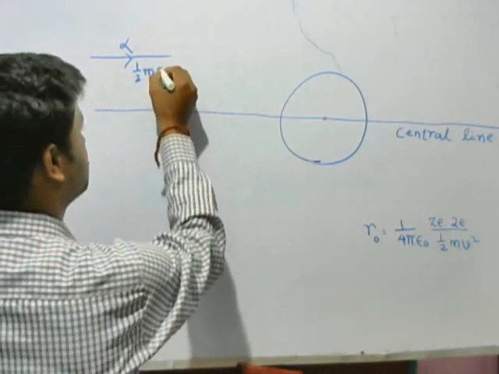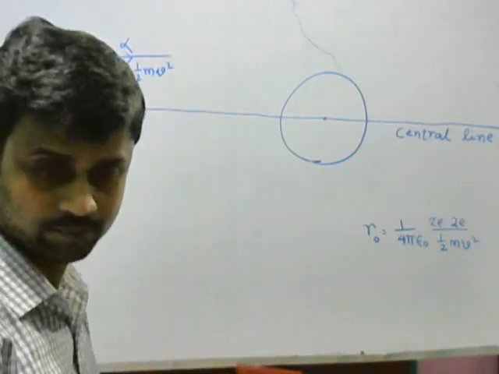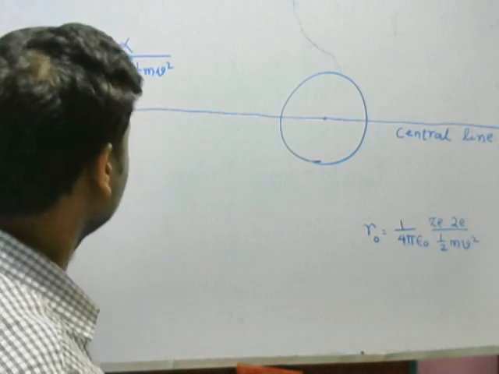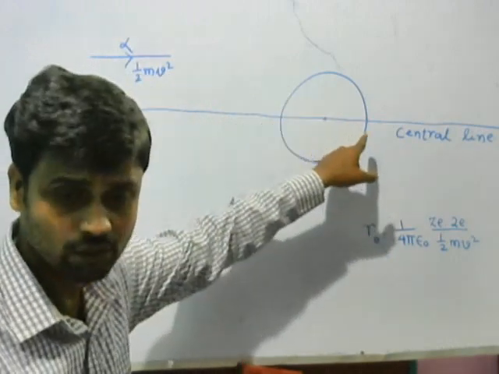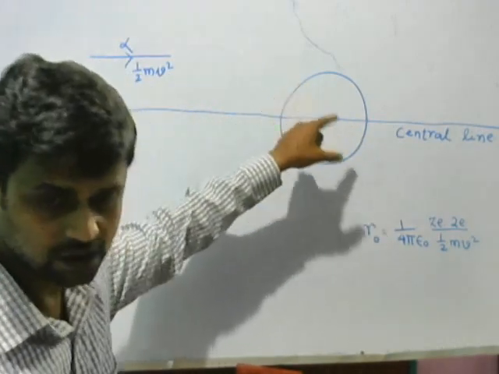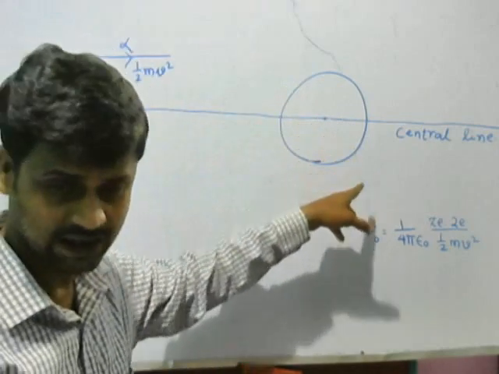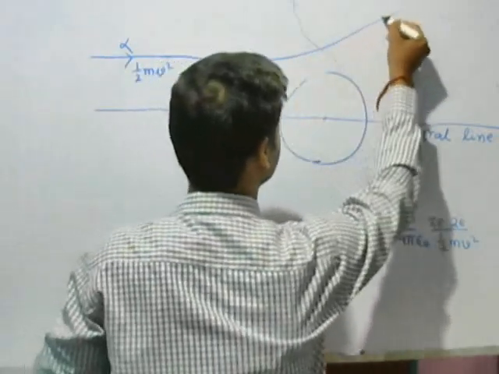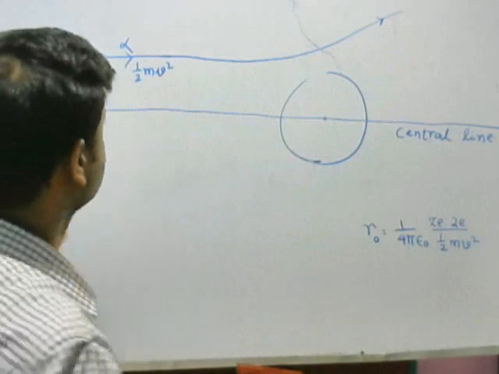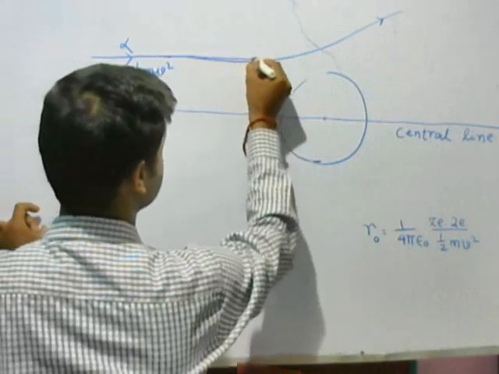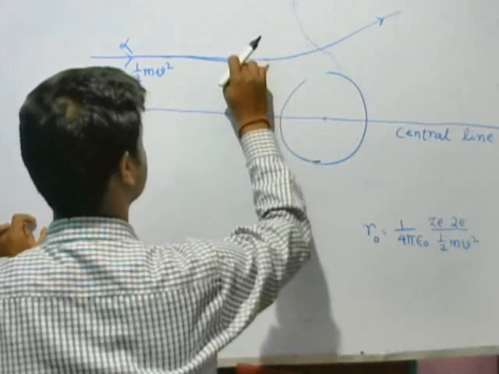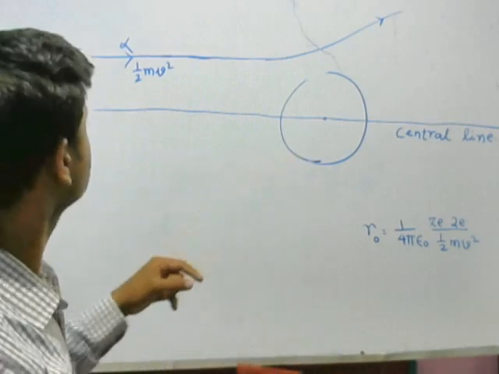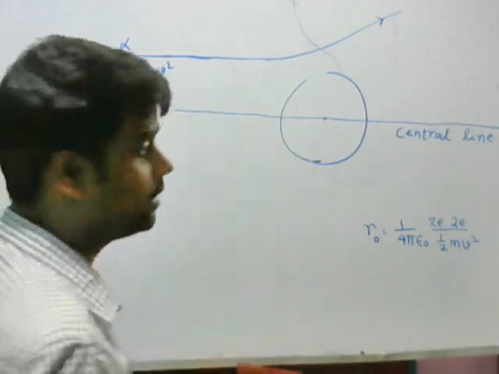Clear? As it approaches the nucleus, the Coulombic force of repulsion between the alpha particle and the nucleus increases, as a result of which the alpha particle is deflected from its original line. The alpha particle is deflected like this. Clear? Due to the Coulombic force of repulsion between the alpha particle and the nucleus.